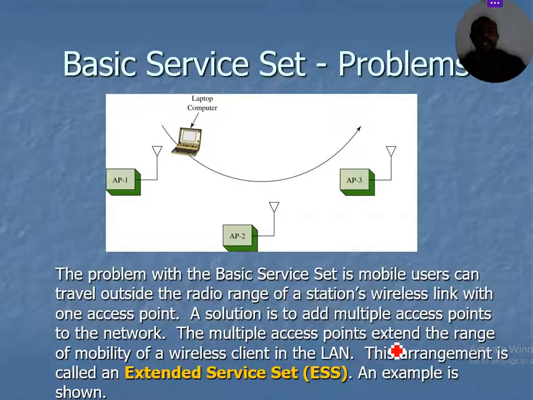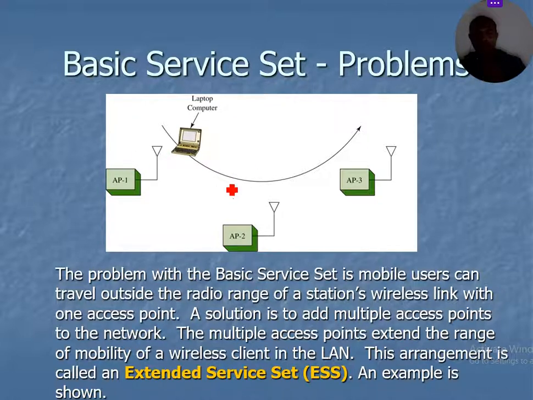Now let's take a look at the basic service set problem. The problem we have with the basic service set is that sometimes the user can be in motion, can travel. For example, if you are traveling from Calgary to Vancouver, you are moving.